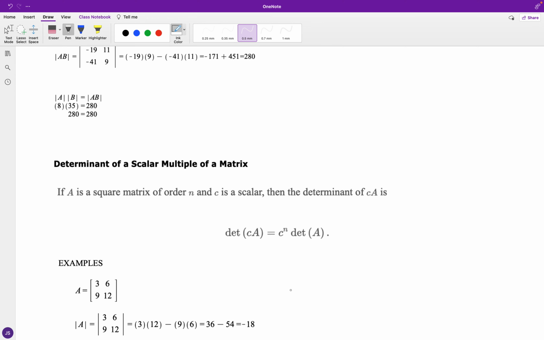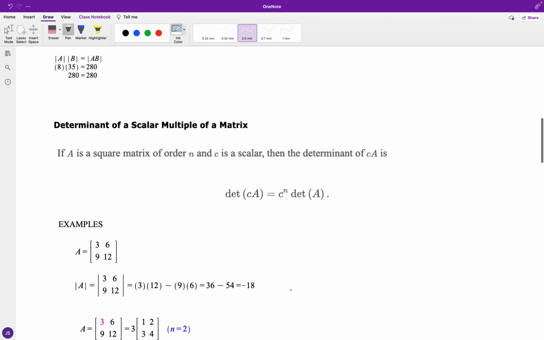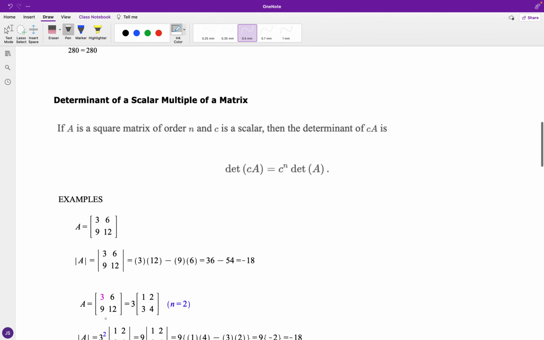Now, if I put this in scalar terms, A is 3, 6, 9, 12, and these are all multiples of 3. If I take out 3 and rewrite, I have 3 times the matrix 1, 2, 3, and 4. So I can pull out the 3 and affect everything among all the rows and columns, but do not pull it out like that when crossing over to the determinant stage.